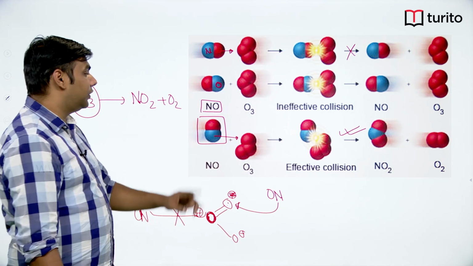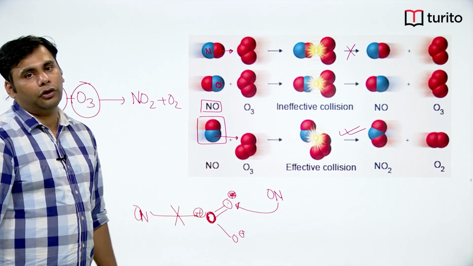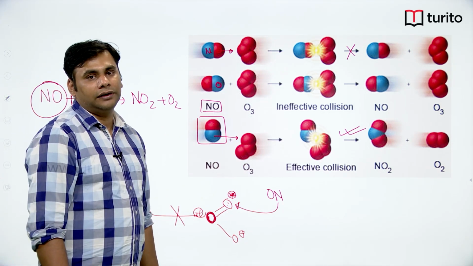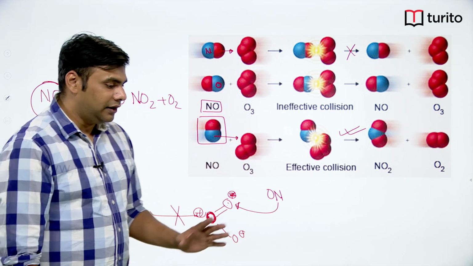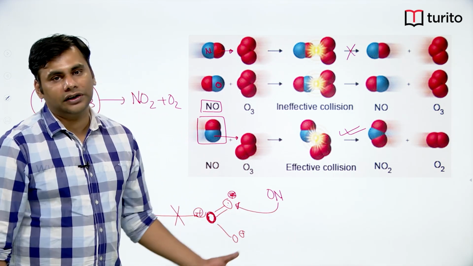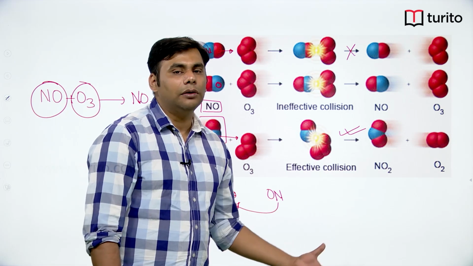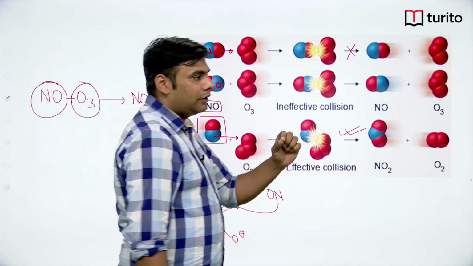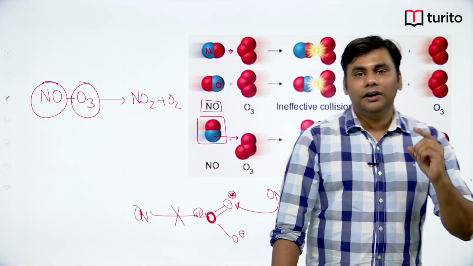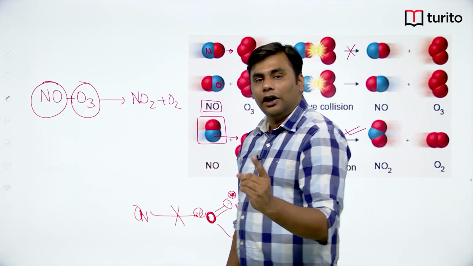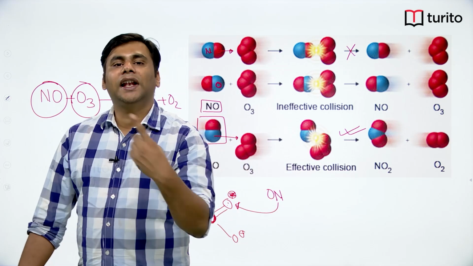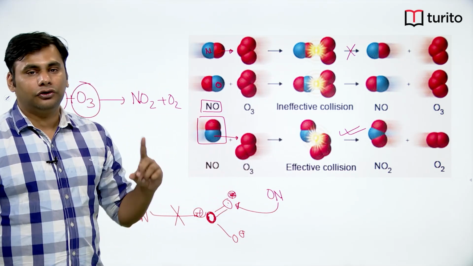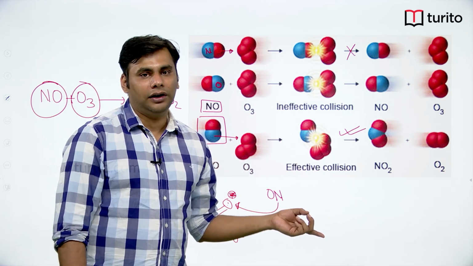Orientation or the steric factor is very important for determining the rate of the reaction. Without the orientation factor, we cannot say that all the collisions are effective just because they have the minimum energy. Only those collisions are effective which fulfill the criteria of minimum energy as well as the steric factor. So the steric factor is again a very important factor.